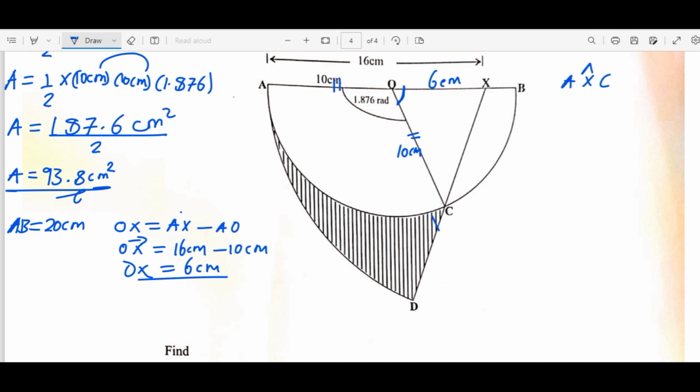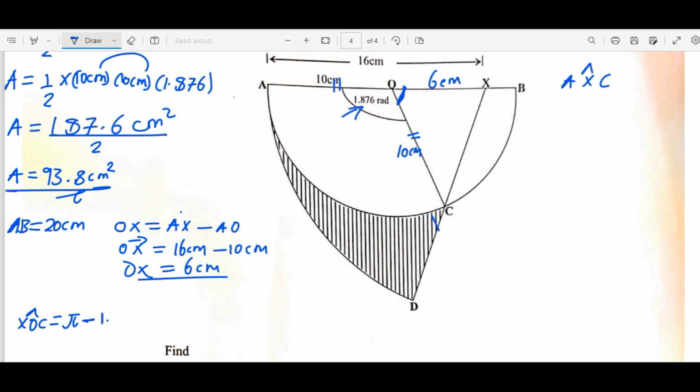So how can we find this angle XOC, given in radians? The formula is, XOC is equal to pi minus this given angle. In radians, you subtract the given angle from pi, because a straight line adds up to 180 degrees, but in radians, a straight line is equal to pi.